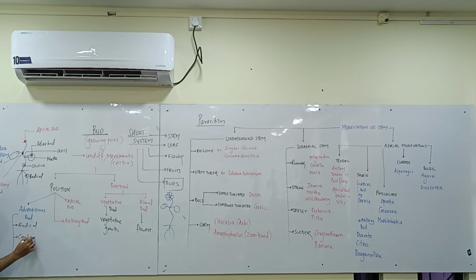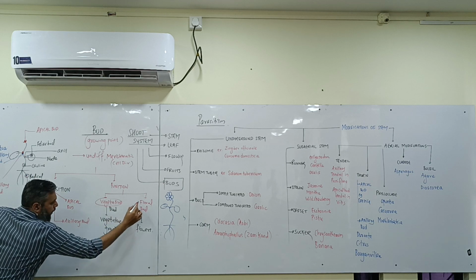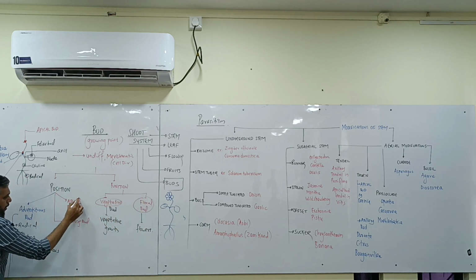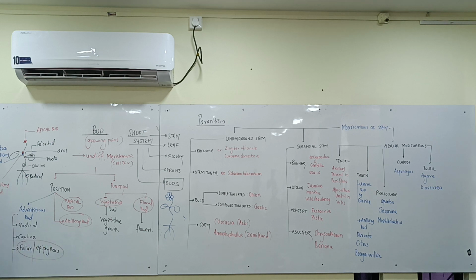If on the stem it is called colline, and on the leaf it is called foliar or epiphyllous. Epi means upon, phyll means leaf. So it is there on the leaf. Okay. So sticking to the syllabus, you need to learn the meaning of vegetative, floral, apical, axillary, foliar, and epiphyllous.